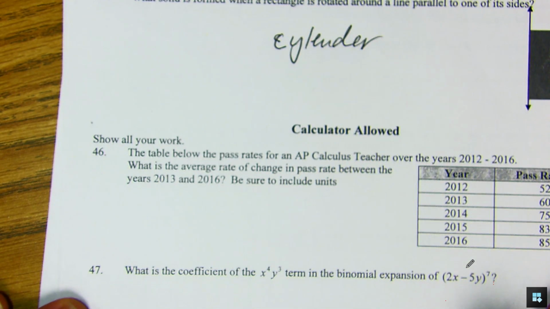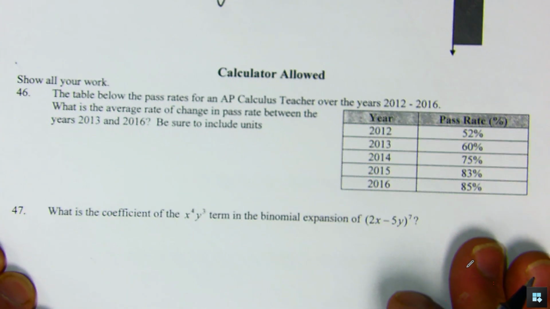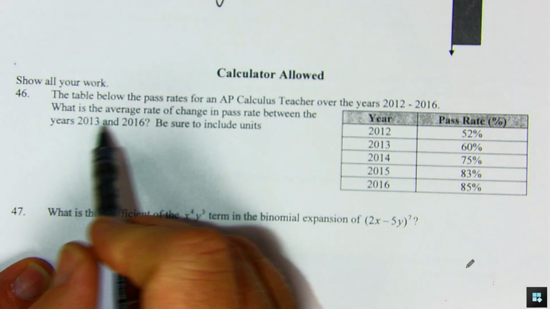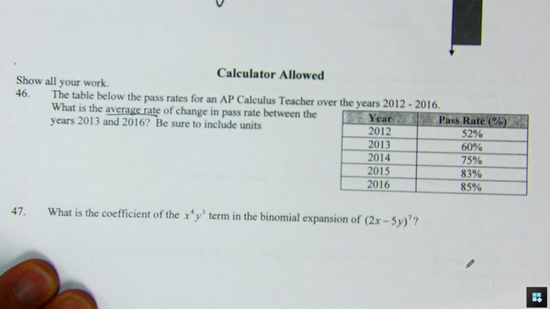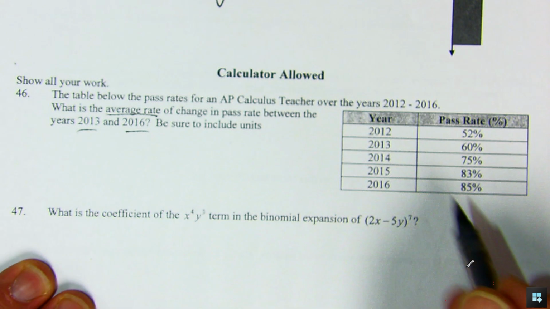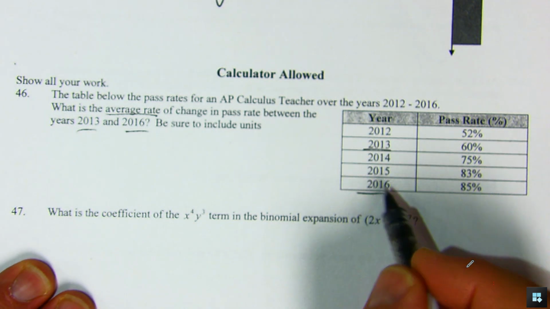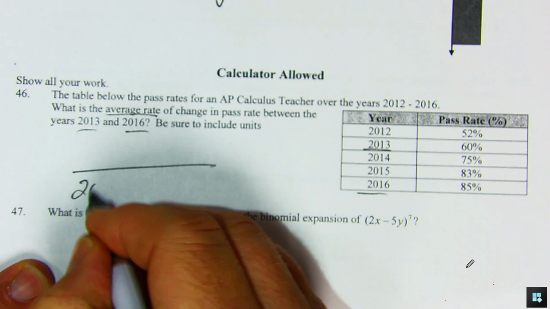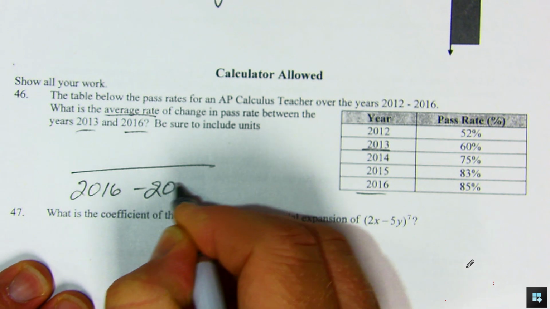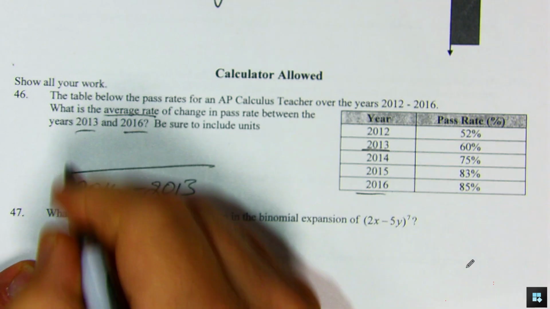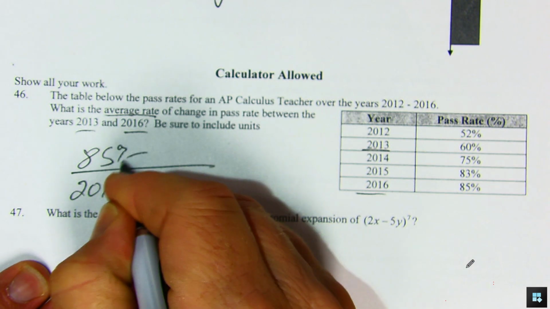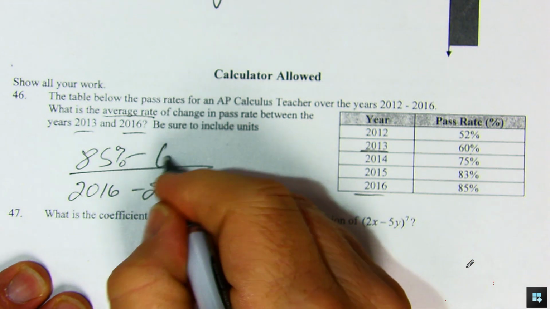Calculator allowed. Table below shows the pass rates. What is the average rate of change? Average rate of change is a slope from 2013 to 2016. So on the bottom, I'd have 2016 minus 2013. 2016 is 85%. And in 2013, it's 60%.